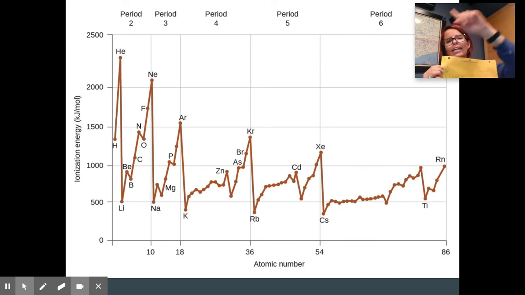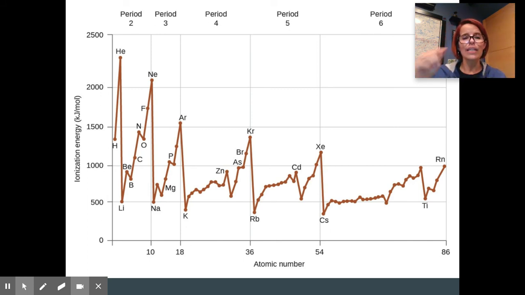It's a longish ways from the nucleus, and so it's really, really easy to pick off. So we say that its ionization energy is super low. We could pluck the lithium electron off very, very easily. That actually has to do with lithium batteries as well.